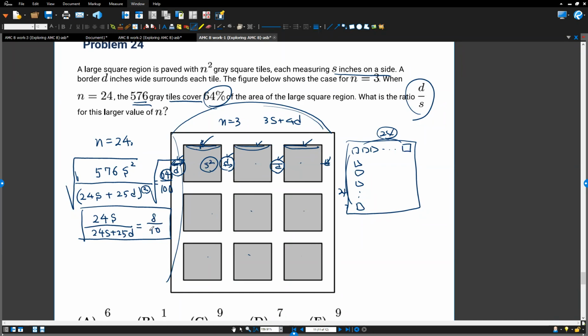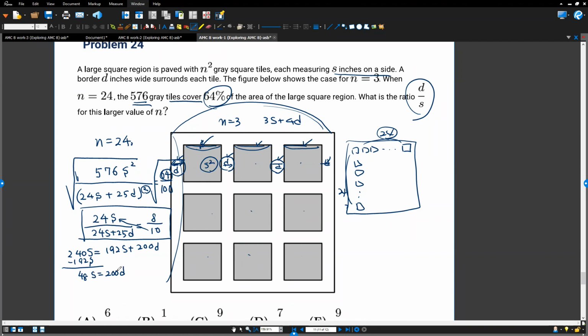I'm going to use 8. 10 times 24 is 240 S, equals 24 times 8 is 192 S plus 25 times 8 is 200D, isn't it? 240 S minus 192 S, this is 48 S equals 200 D over here.